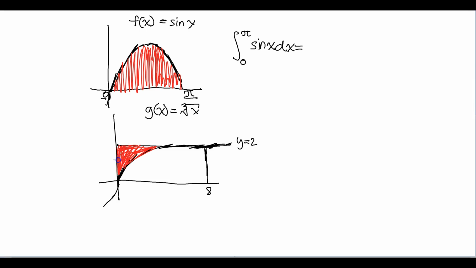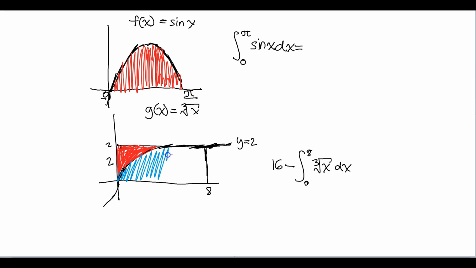So what would you do? Well, you could do it in two ways. The first way would be to take 2 to 8. So you would do 16, it's your area of the rectangle, minus the integral from 8 to 0 of the cube root of x dx.